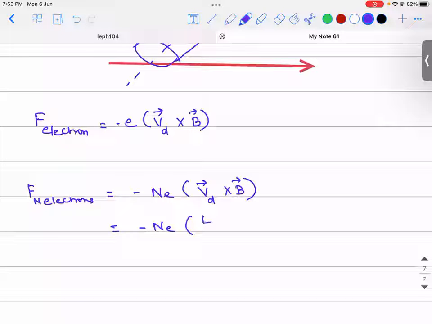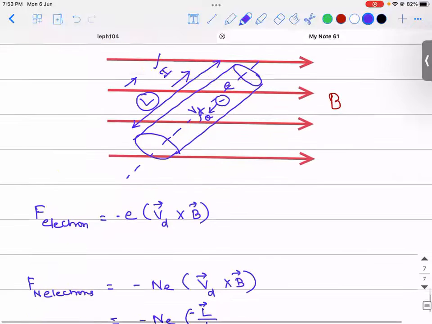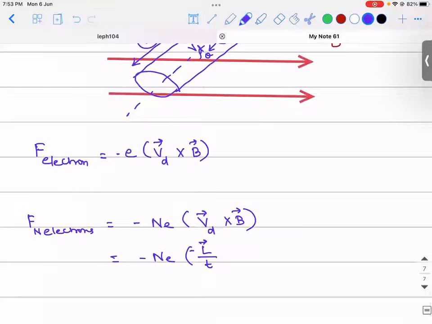Vd vector, can I write it as L vector divided by t with a minus sign. Observe why. Because the direction of L vector is taken in the direction of current. So if this is the direction of L vector, then Vd vector is exactly the opposite direction. So I'll call it minus L vector divided by t, using the logic of displacement by time.